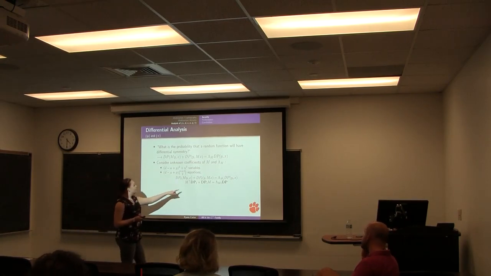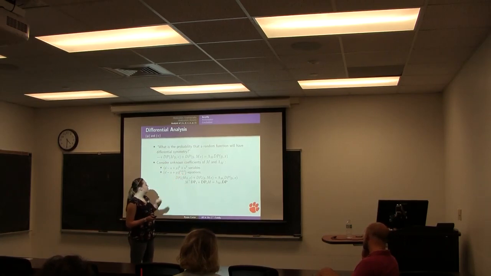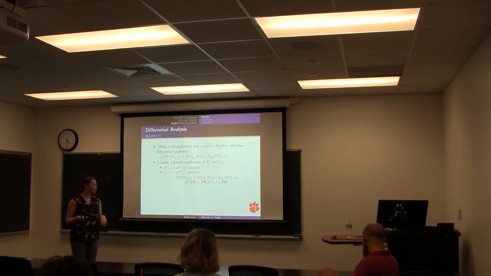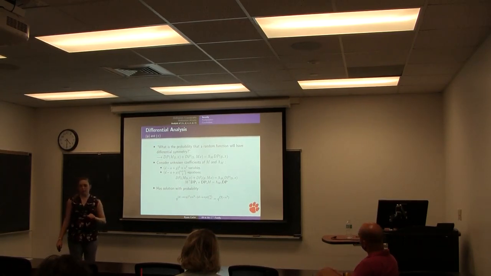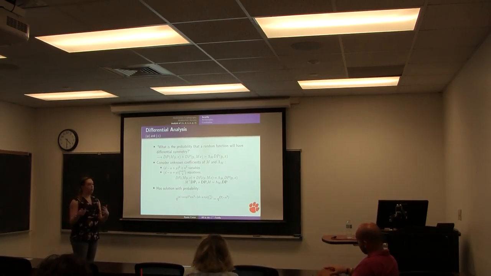So for each of these, I need to check n plus 1 choose 2 equations. That tells us how many variables and how many equations, and then we would set them equal to each other. These equations have a solution with this probability. Pretty low. So this should give us some hope that when we have all of our modifiers, we're not going to be introducing some symmetry.